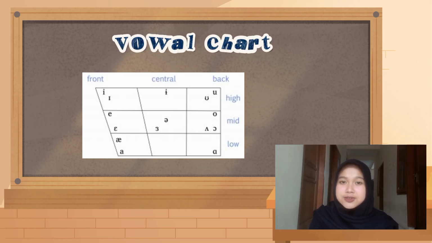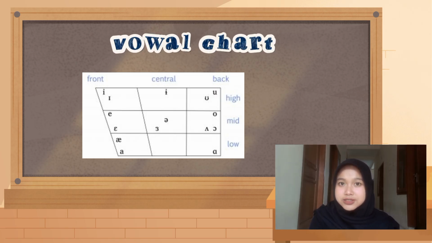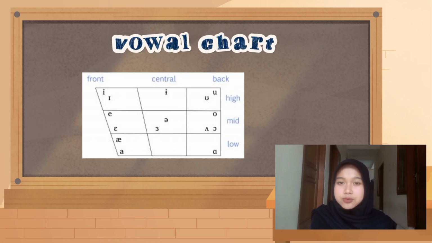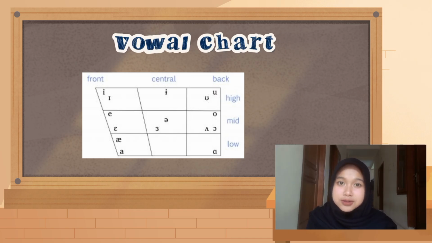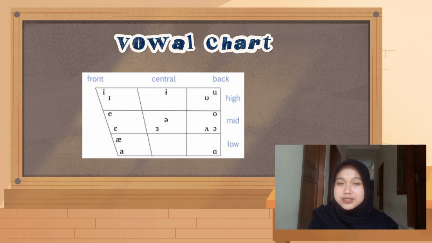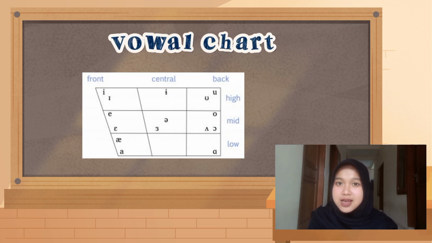A vowel chart also shows the tongue position. There are front vowels, central vowels, and back vowels. Front vowels are produced when the tongue is at the front of the mouth, such as I in C and E in that.